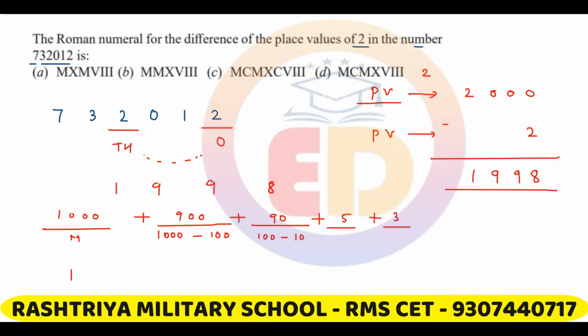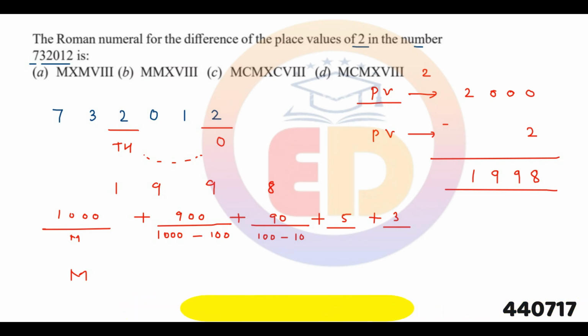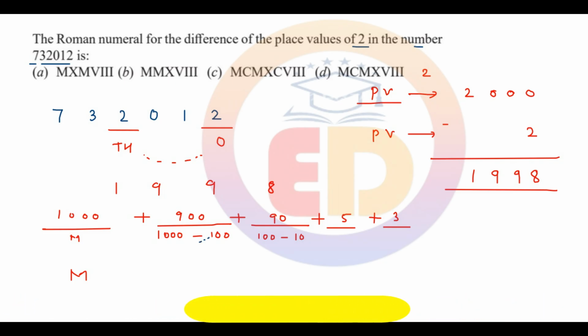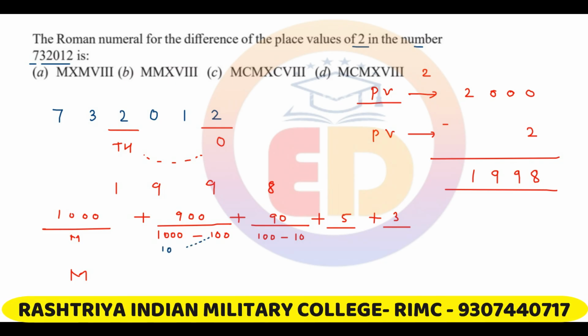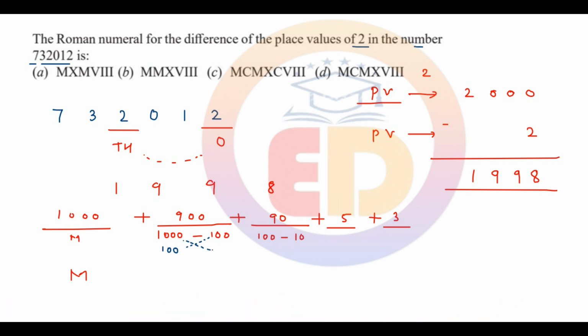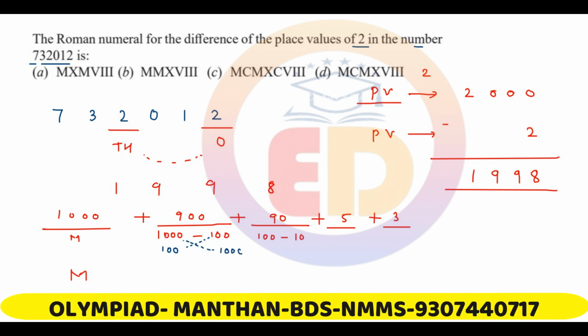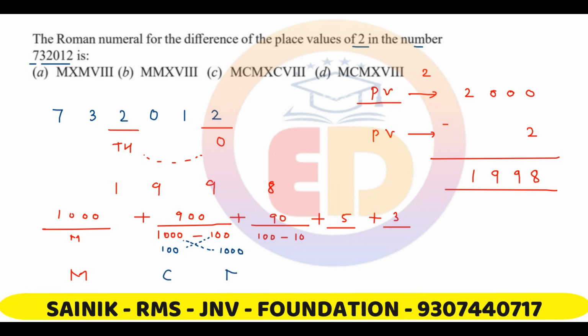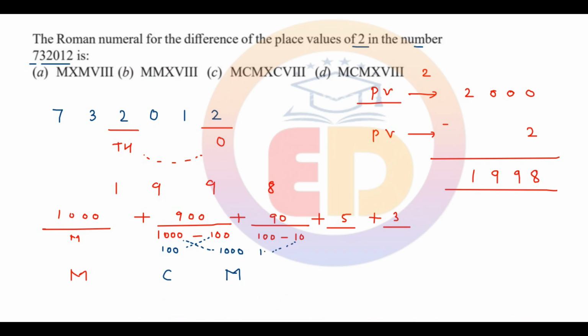So 1000 will be M. 1000 minus 100, for this the symbol of 100 should come first and then should come the symbol of 1000. तो 100 के symbol को हमें पहले लिखना होगा, 1000 के symbol को हमें उसके बाद लिखना होगा. So C should come first, then M. Then 100 minus 10 में भी 10 का symbol हमें पहले लेना होगा, 100 का symbol हमें बाद में लेना होगा.